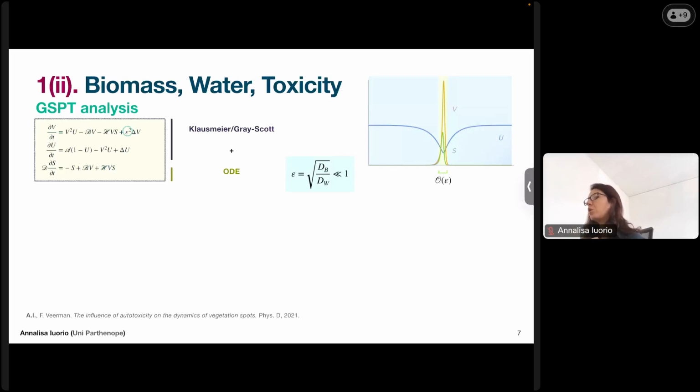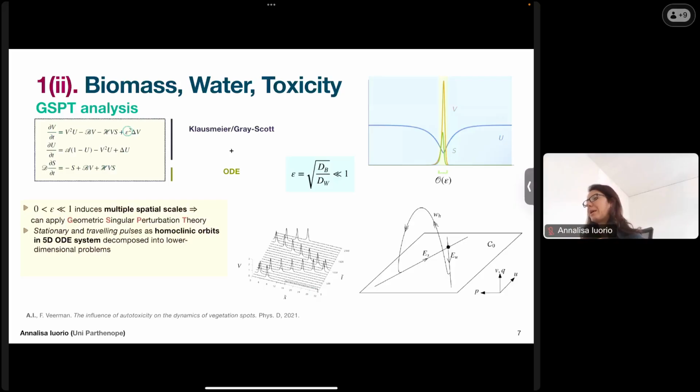So you really have this scale separation that allows you to apply GSPT, and you can basically reconstruct, again in one dimension, but for us this was a sufficient amount of information.